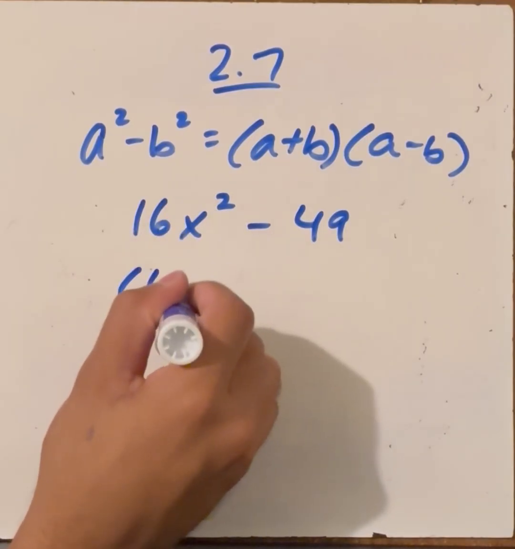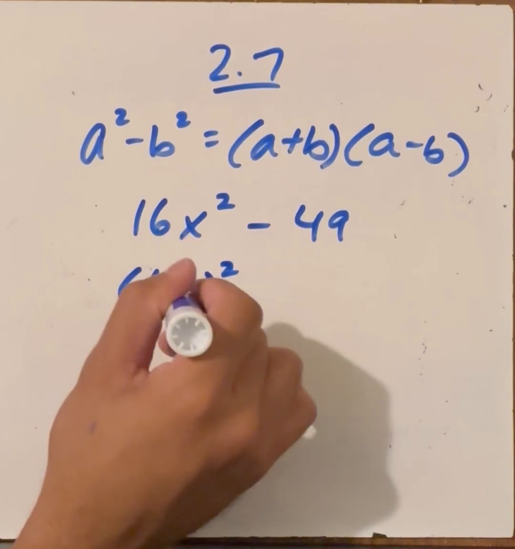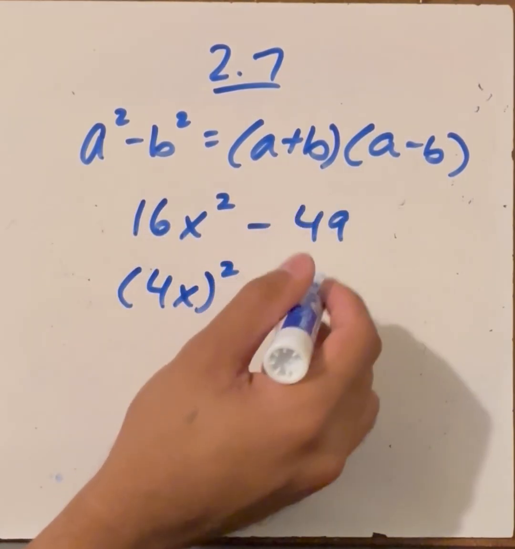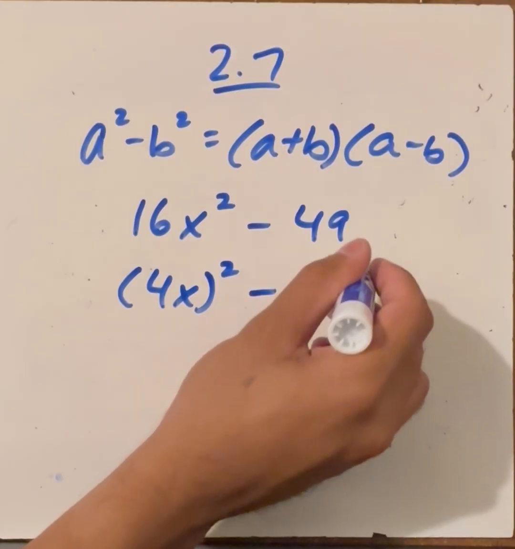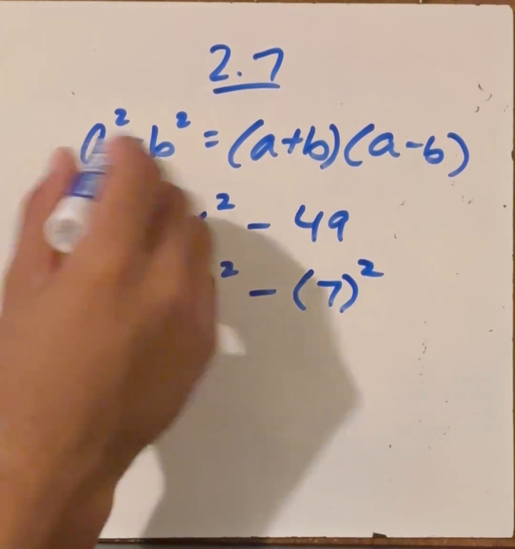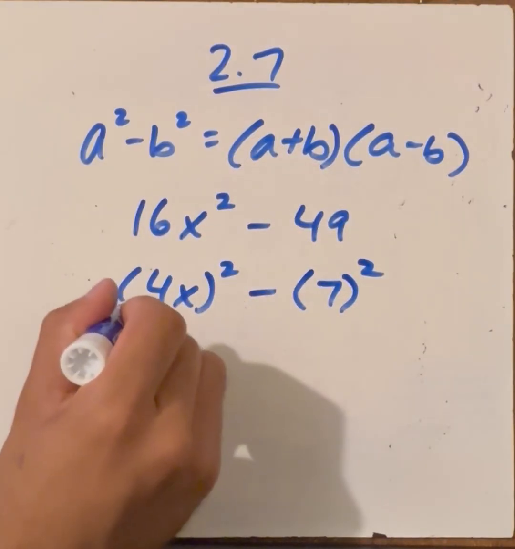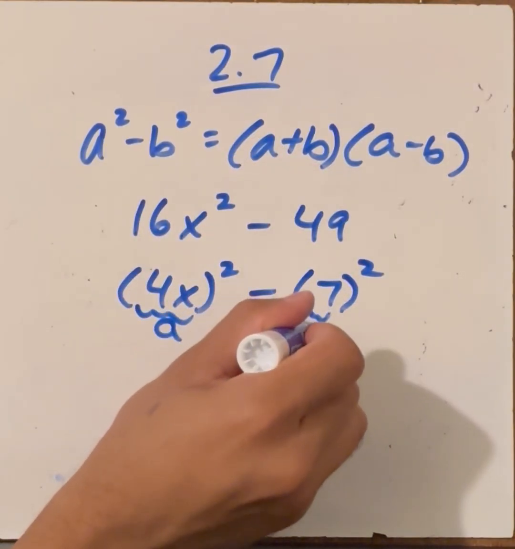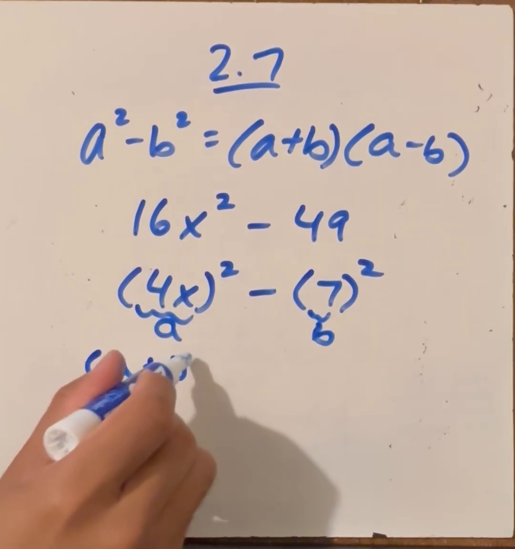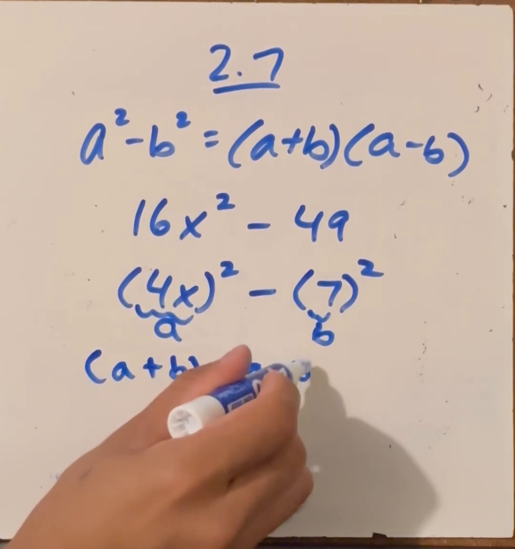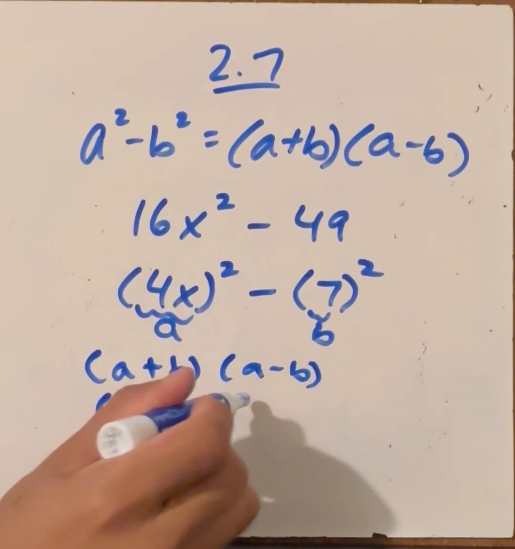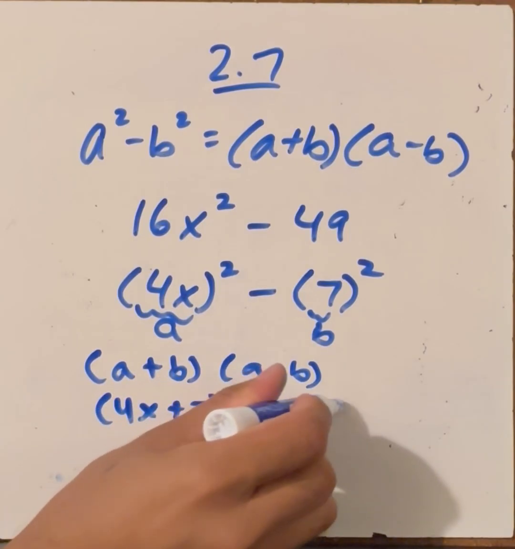The square root of x squared is x. So we can write it as 4x squared. So 4 squared is 16, x squared is x squared, minus the square root of 49 is 7, squared. So 7 squared is 49. So this fits into the form of a squared minus b squared, where a is 4x and b is 7. So a plus b, a minus b would be 4x plus 7, 4x minus 7.